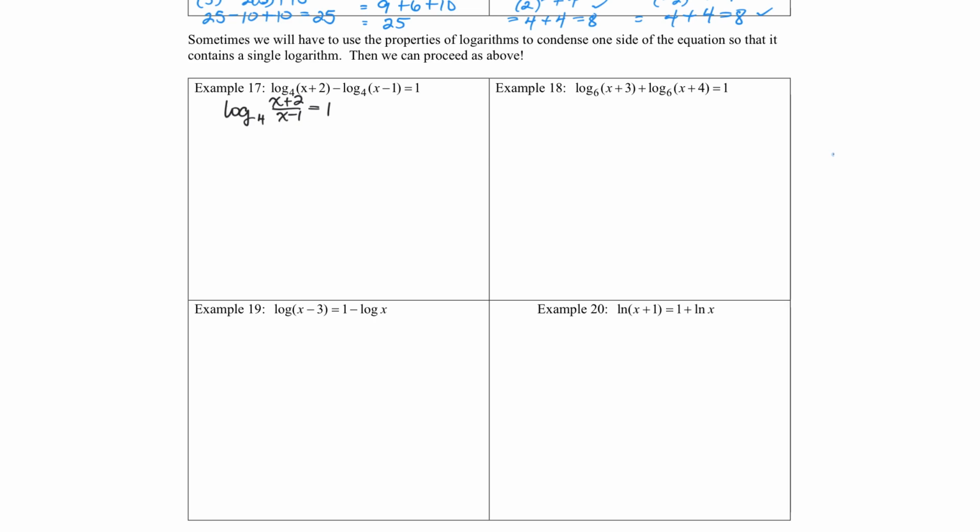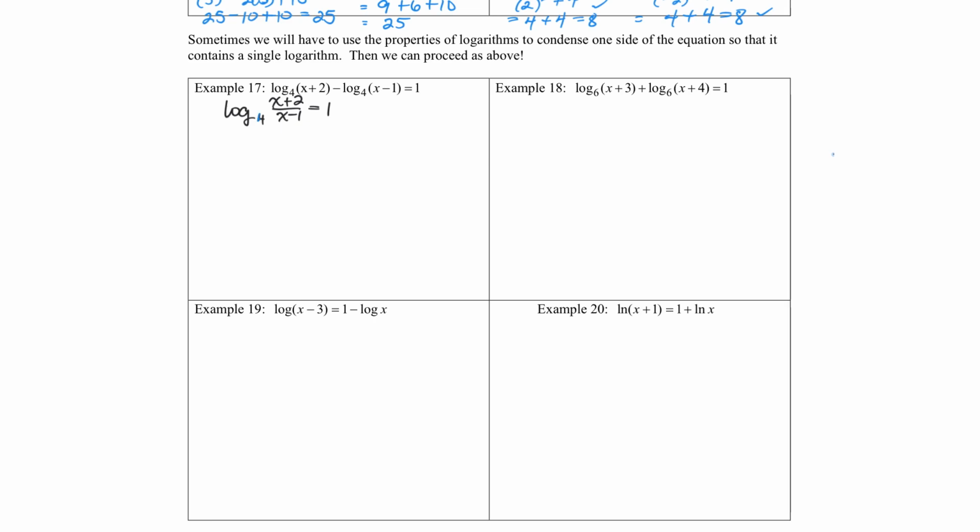Now, a couple things to point out. I'm condensing this difference of two logarithms into a single logarithm, base 4, right? So now my next task is going to be to take this logarithmic equation and write it in exponential form.